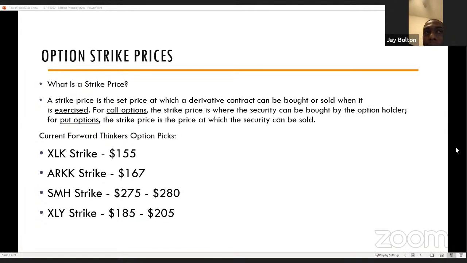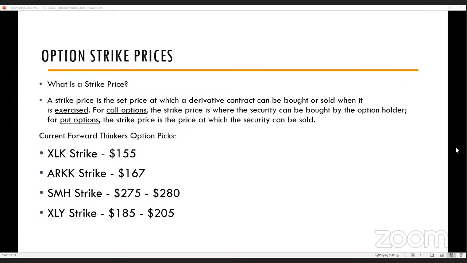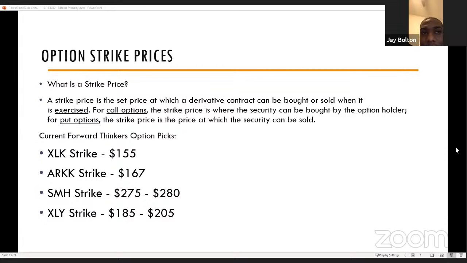Some of them are cheaper than others, but you should be able to get that XLK strike for around $700 or a little bit less than $700 right now, which is a good price. And if you put up that $700 and it does 500%, you're looking at $3,500 off a $700 investment.